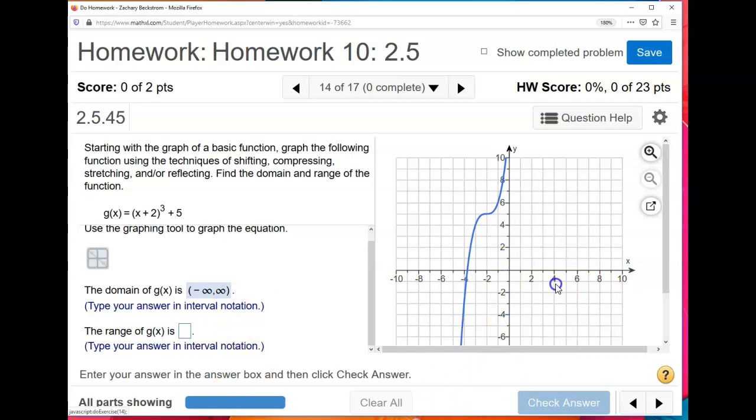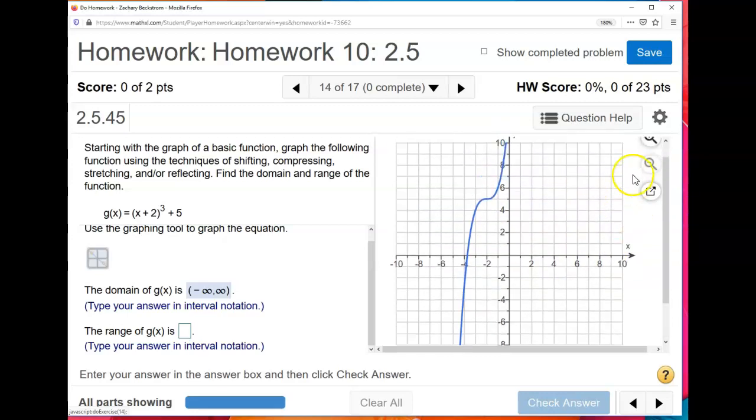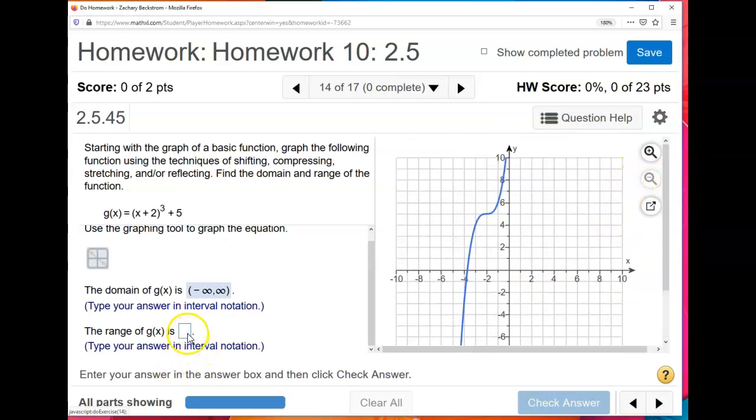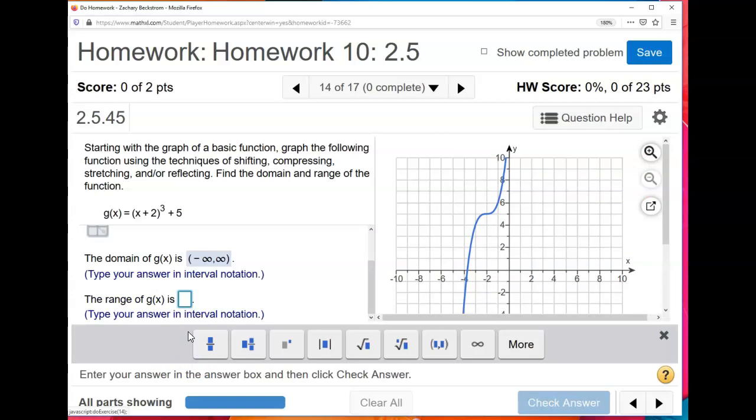It goes all the way down to negative infinity and all the way up to positive infinity because it just keeps going up. Even if we zoomed out further, it would be the same thing. So negative infinity to positive infinity.